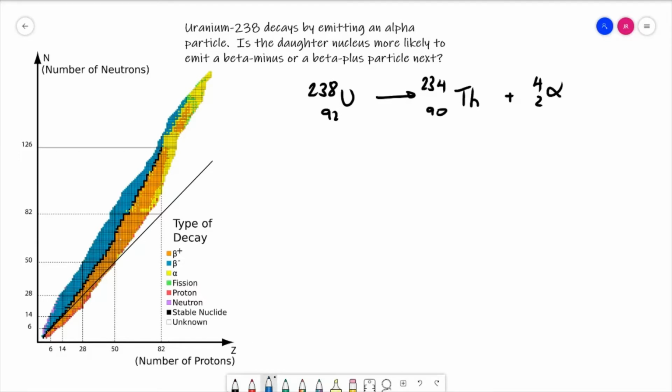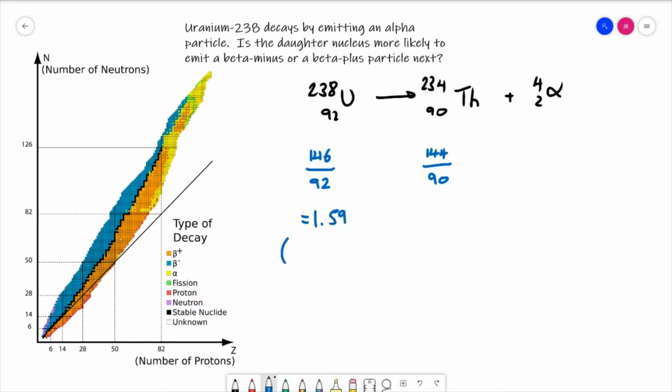Now the next thing I want to do is to have a look at the NZ ratio for both of these nuclei. For the uranium then, we can see that there are 146 neutrons. And for the thorium, there are 144 neutrons. If we now divide both of those by the proton number to calculate the NZ ratio, for the uranium, once we've rounded, we get an answer of 1.59 for the N to Z ratio.